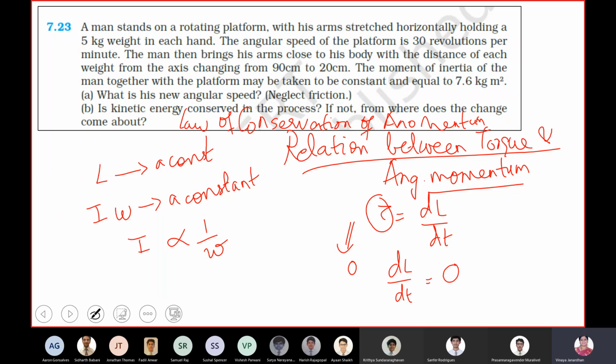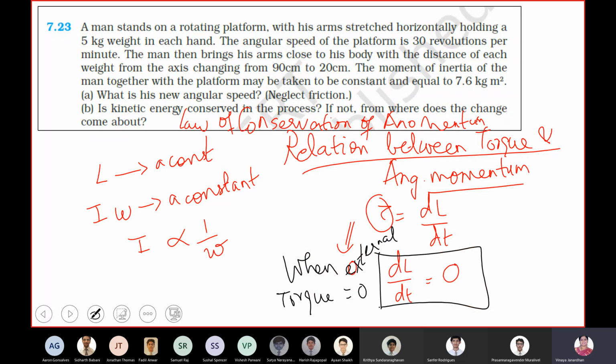So I can write, when external torque is 0, tau is equal to 0, then dL by dt will also be equal to 0. Or I can write L will be a constant. Only when you differentiate a constant, you will get 0.